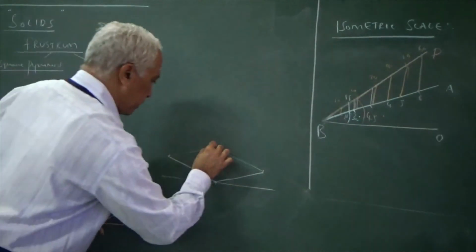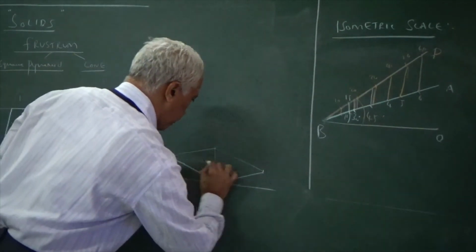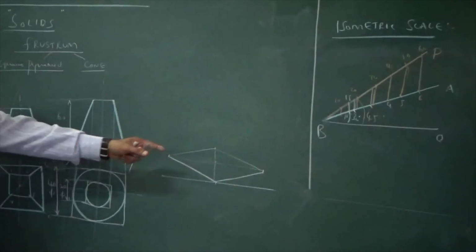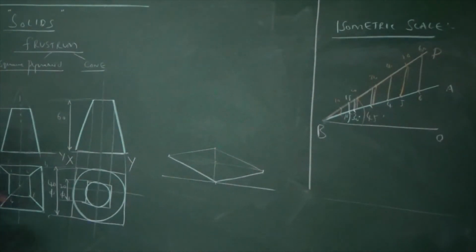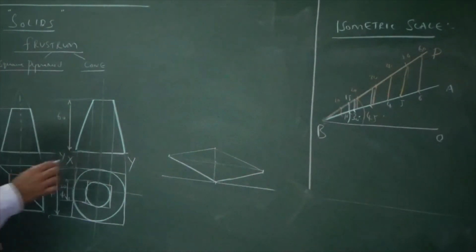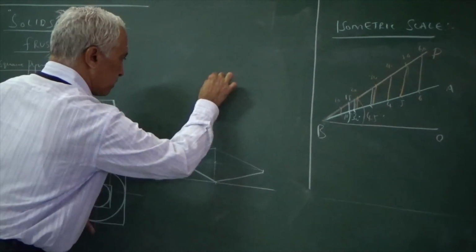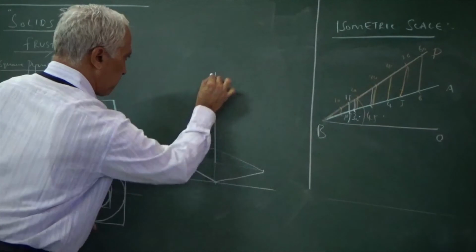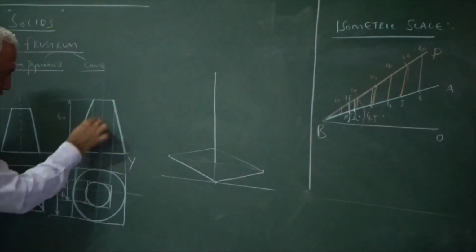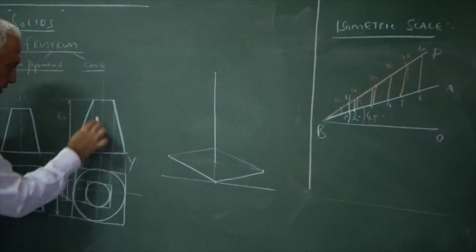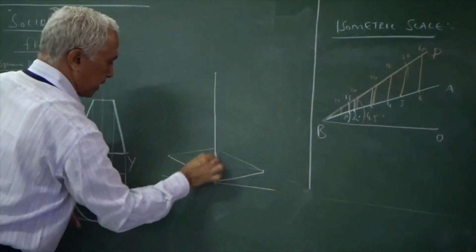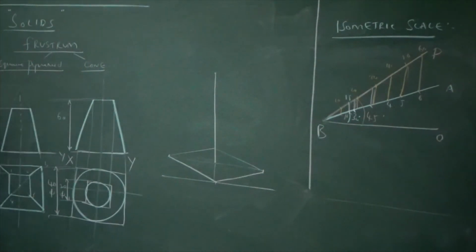Now very lightly join the diagonals to locate the center of the base of the cone. Height is 60 mm, so from this center of the base, get the height ISO 60. Then I get the center at the top of the frustum of the cone.